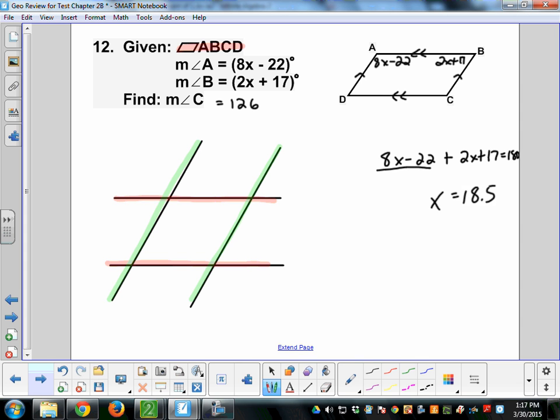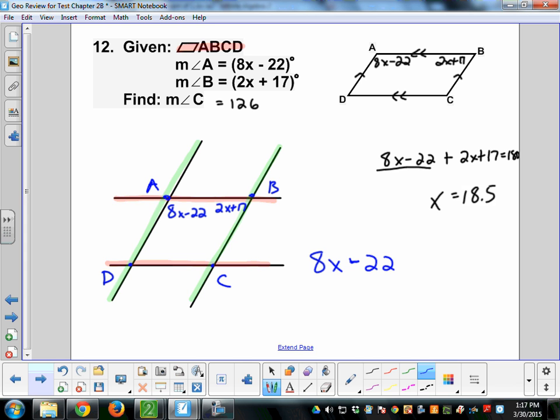So if I transfer, I need A. If you kind of redraw this, I think it might help you because you might have a little bit more room to plug this stuff in. It's kind of crammed, but we know that those two are co-interiors. All right, and in this drawing too, we know that any obtuse plus acute equals 180.